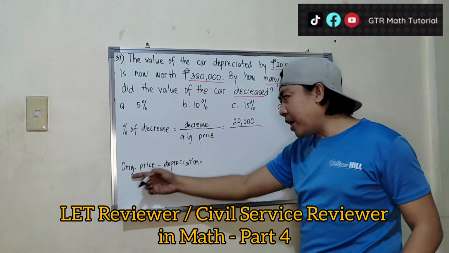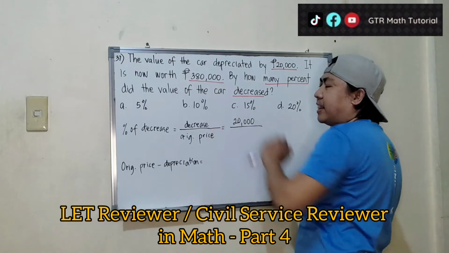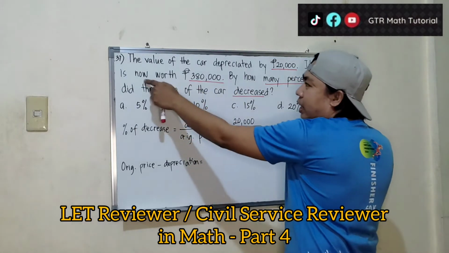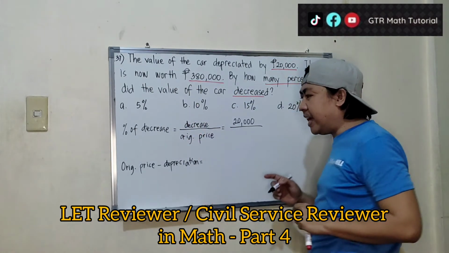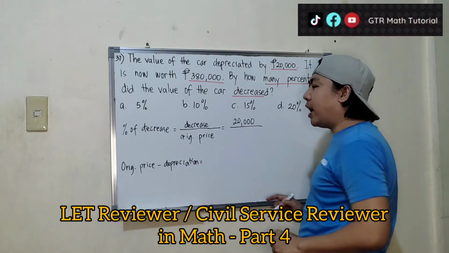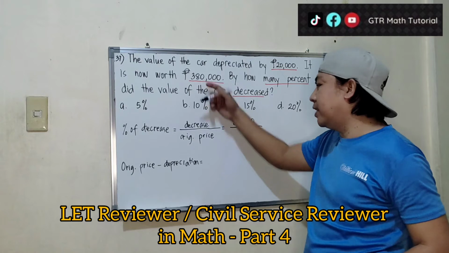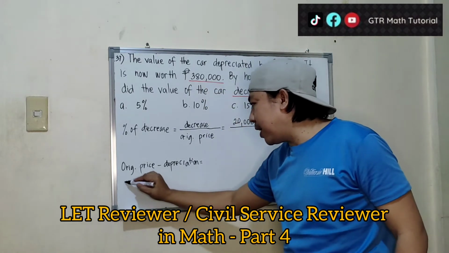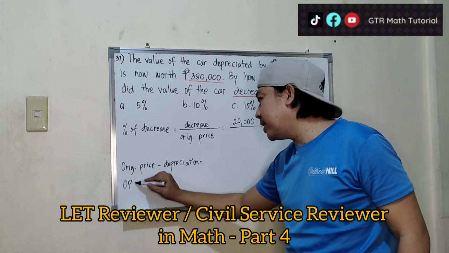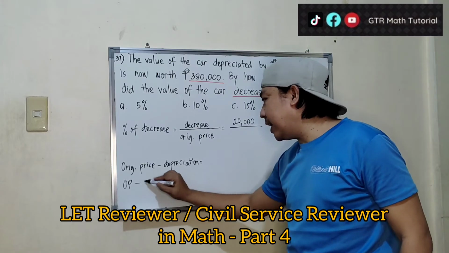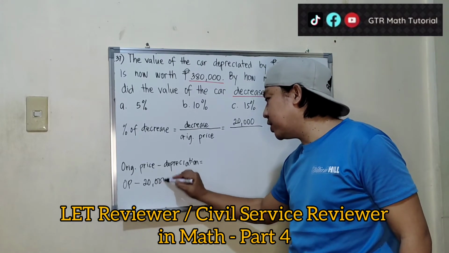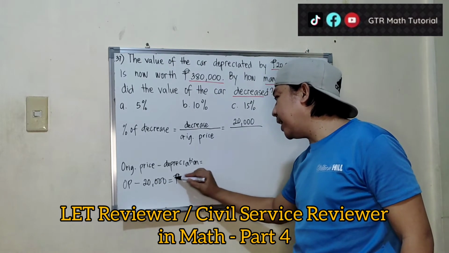Okay? So original price minus depreciation equals 380,000. So yung worth ng car today ay 380,000. So para makuha yung original price, so isasubtract lang natin. So ito. Okay, so original price minus the decrease 20,000 pesos equals 380,000.